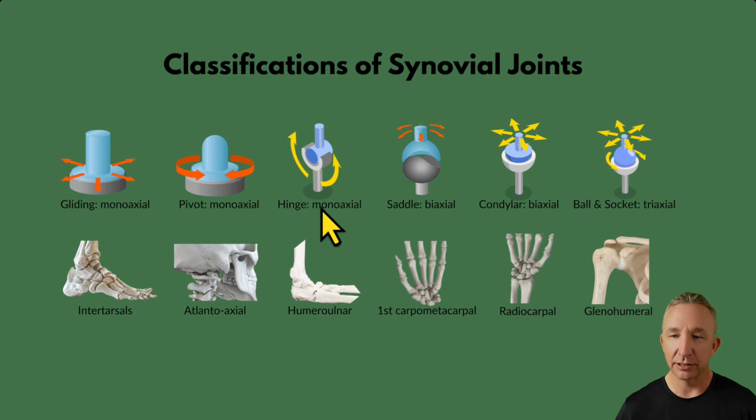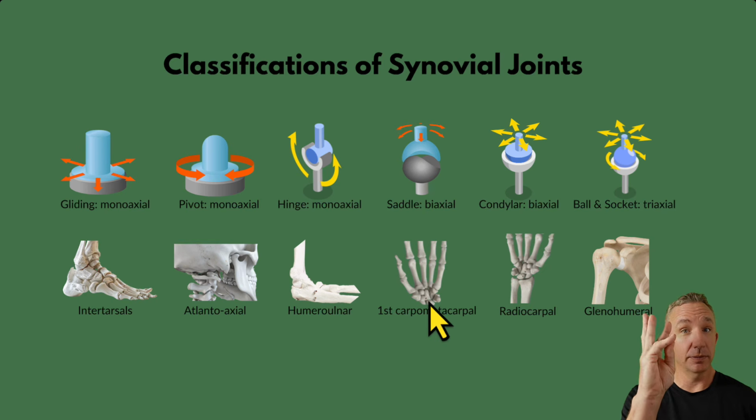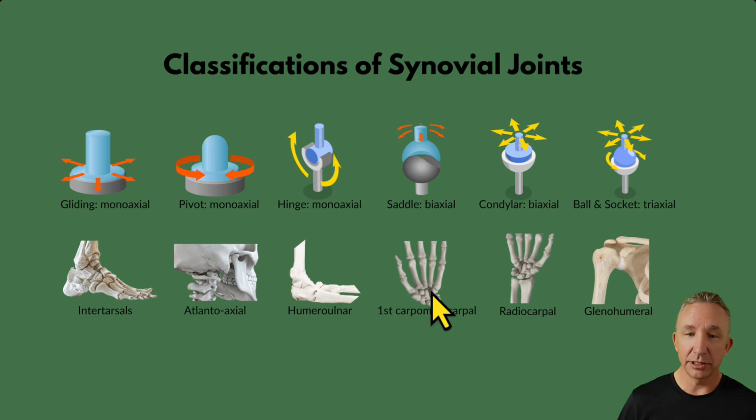So that's a hinge. When I look at a saddle joint, now we're moving into something that's moving on two planes. For a saddle joint, I use the example of our thumbs. When we say we have opposable thumbs, we talk about the movements, opposition and reposition. In this case, you have the articulation where two bones fit together as if they're sitting on a saddle, like you're sitting on a horse. The example we're using is that first carpal to the metacarpal, so you're looking right at the base of the thumb.